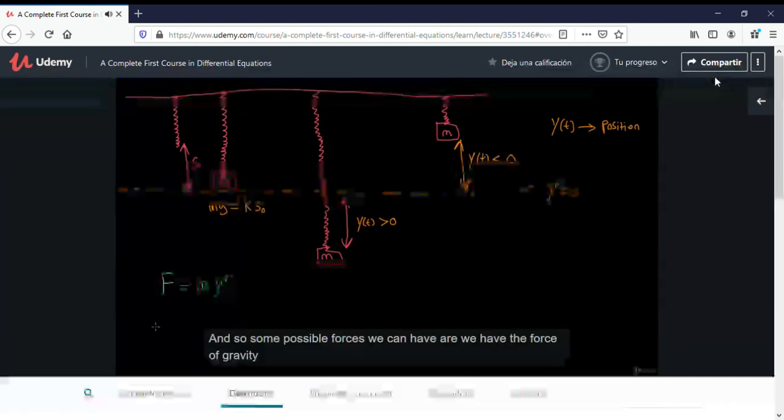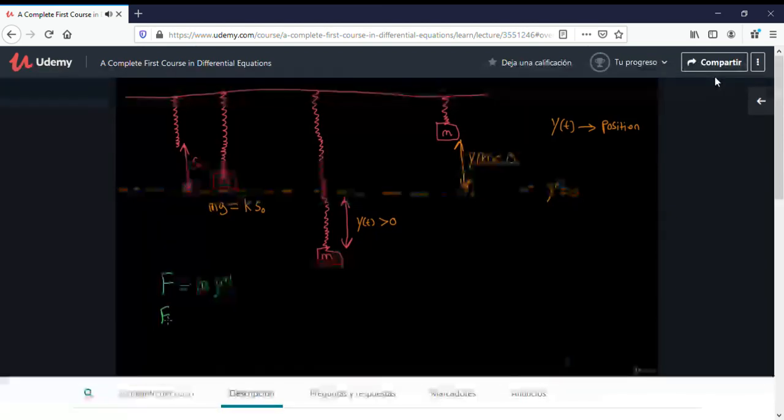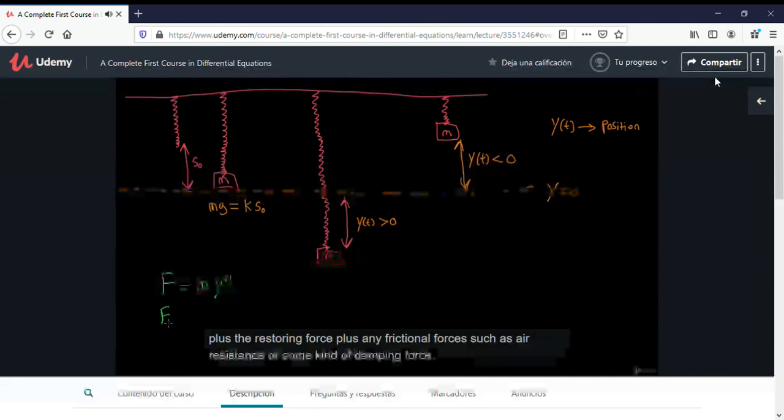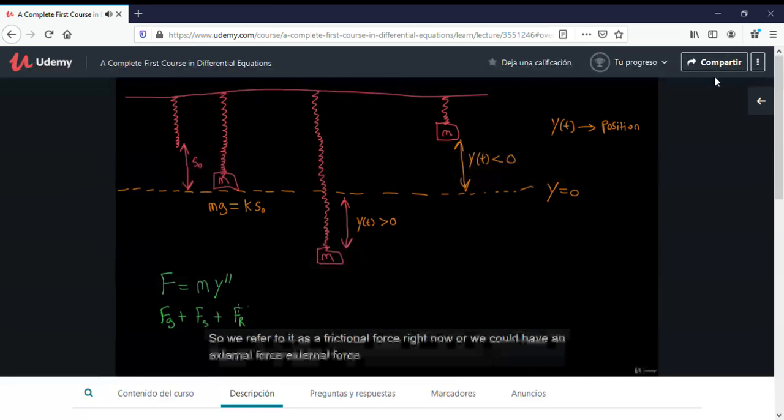Some possible forces we could have are the force of gravity, plus the restoring force, plus any frictional forces such as air resistance or some kind of damping force. I'm just going to refer to it as a frictional force right now. Or we could have an external force. The sum of the forces acting on the object is equal to the mass times the acceleration.